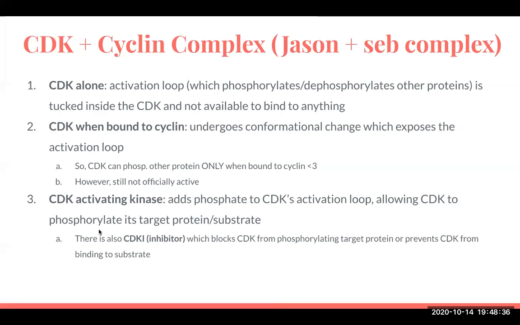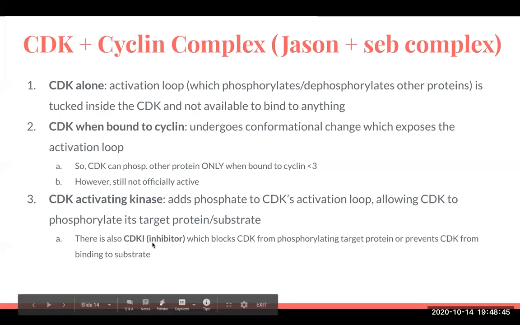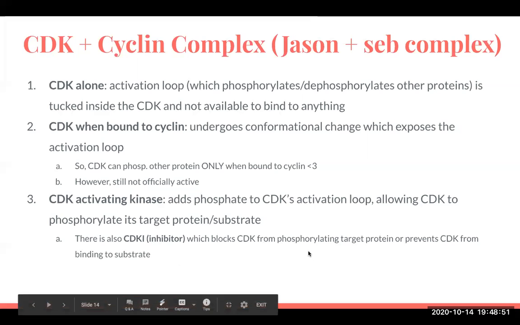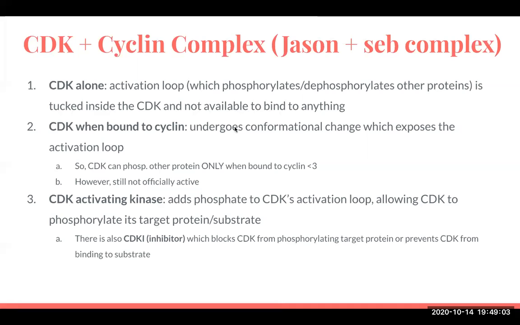However, another thing that could bind to the CDK cyclin complex, instead of the CDK activating kinase, is CDKI, which is an inhibitor. The CDKI either prevents the CDK from being phosphorylated, or prevents CDK from binding to its substrate. I don't know how relevant that is, but those are different ways that CDKI can inhibit CDK's activity. Any questions about that?